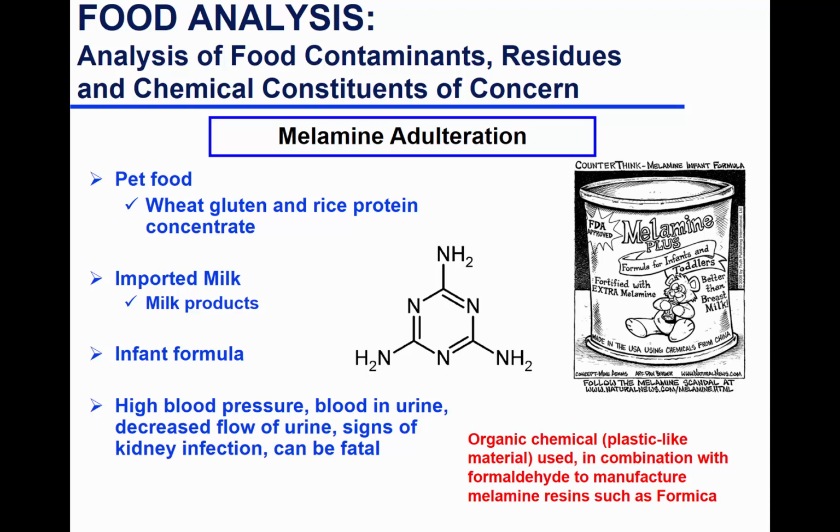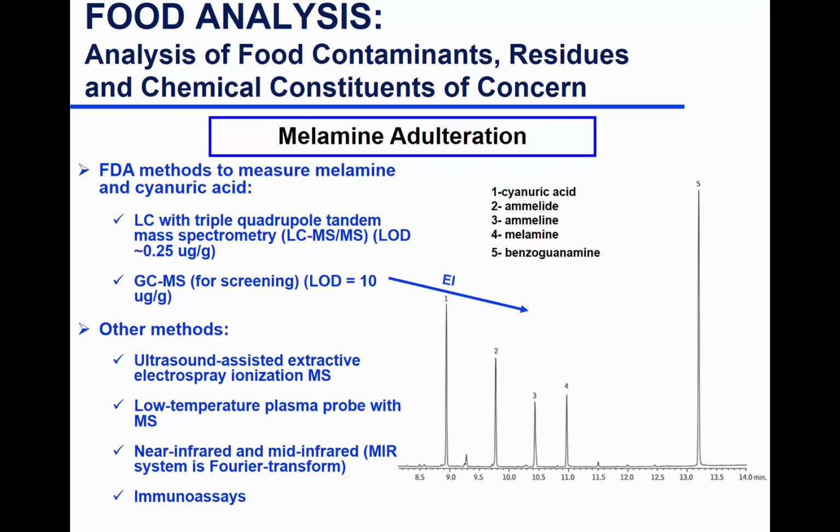So it causes high blood pressure, blood in the urine, kidney infection, and it can be fatal. So methods: LC-MS/MS tandem MS has a limit of detection of 0.25 micrograms per gram.